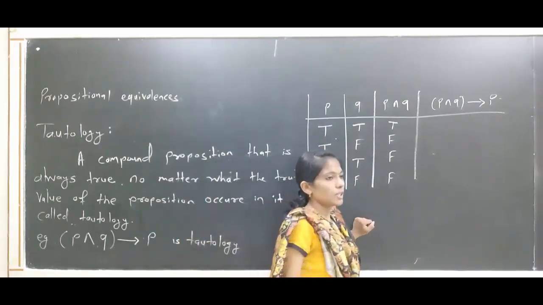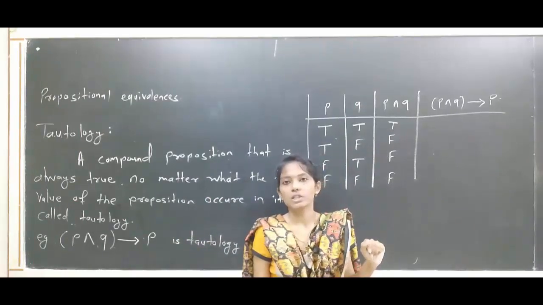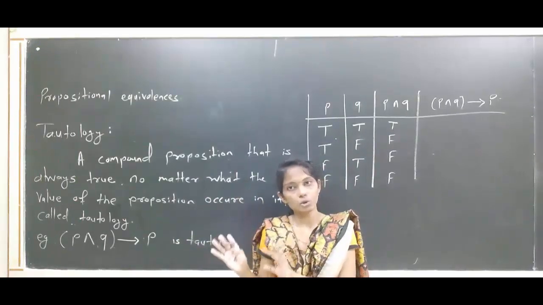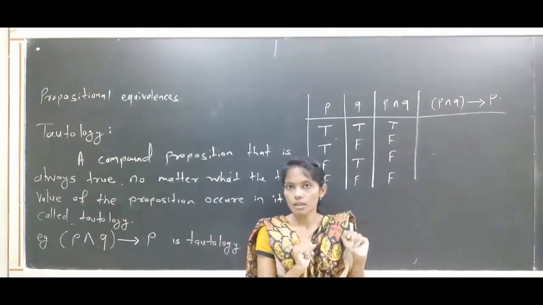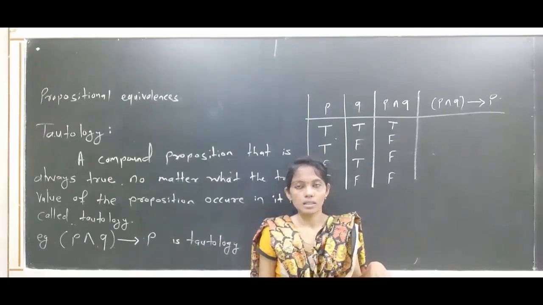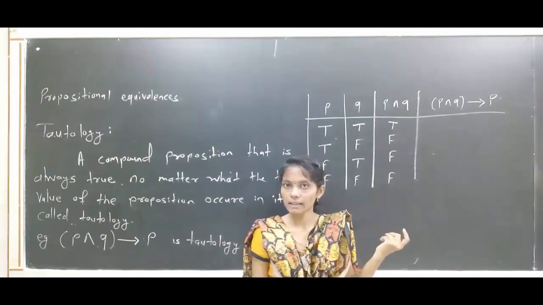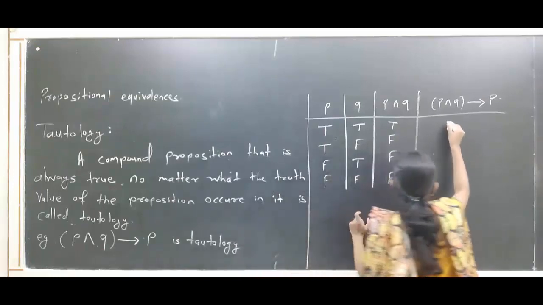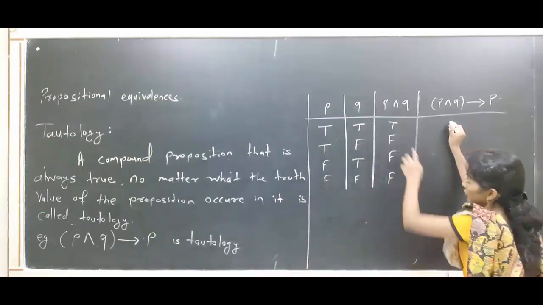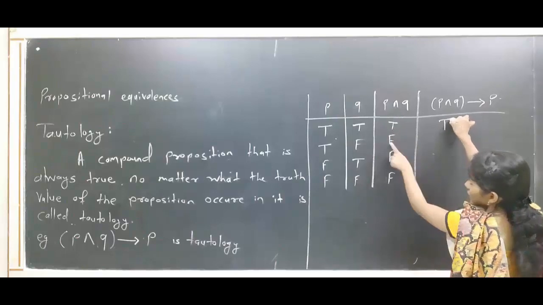Now, here we want to find P and Q implies P. Implication is a conditional statement. Conditional means if P is true and Q is false, then its implication is false. Otherwise, all are true. So we apply this result here.